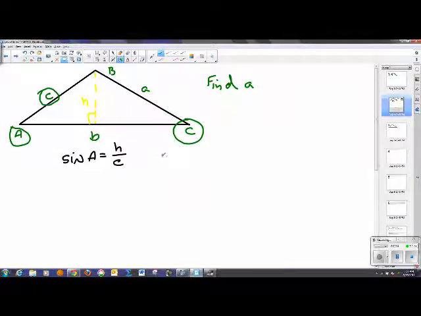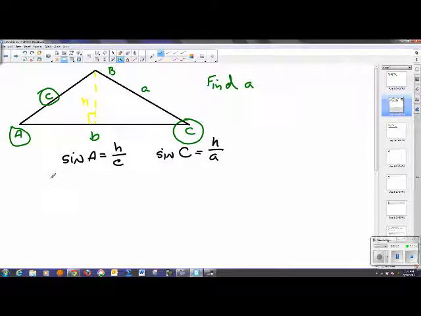And I can also say then the sine of angle C is equal to the opposite h over the hypotenuse A.